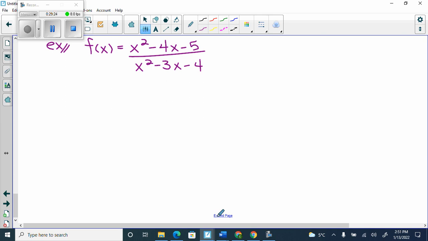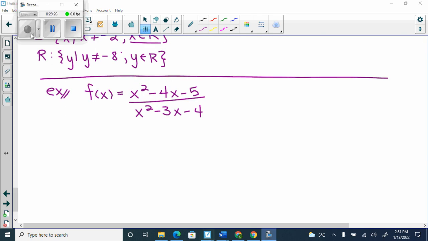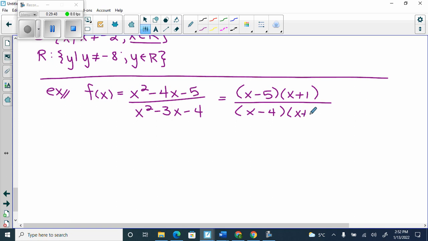You factor those two. On the top, I'm going to get x minus 5, x plus 1. And the bottom will be x minus 4, x plus 1. Okay, we're good. I was scared of my made-up question, but it was okay.